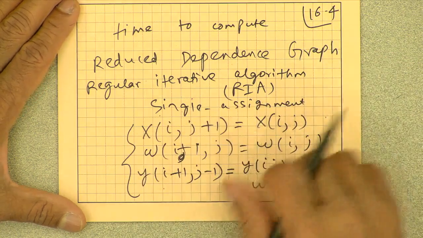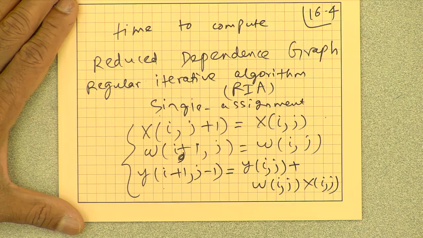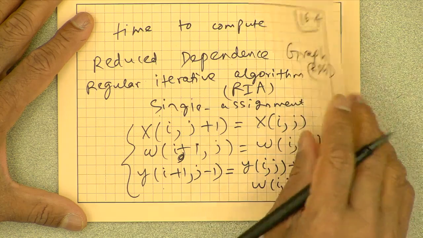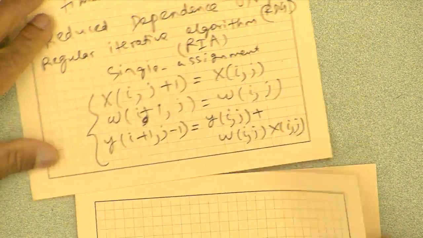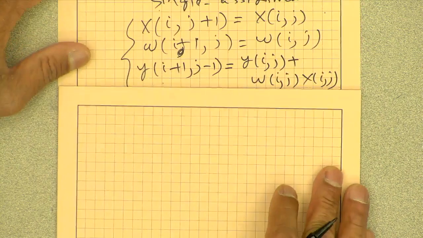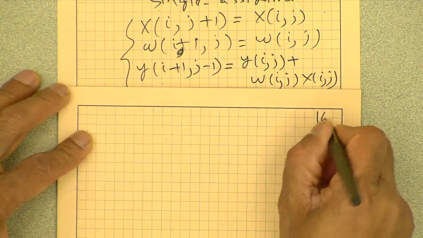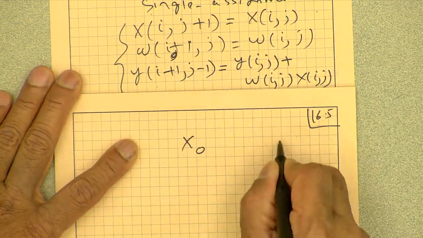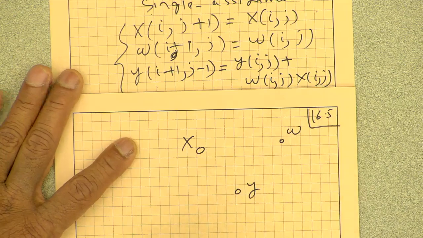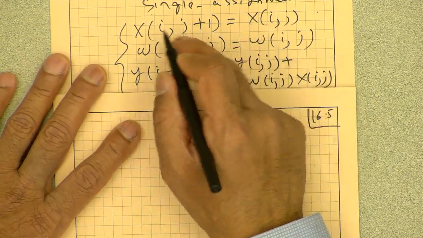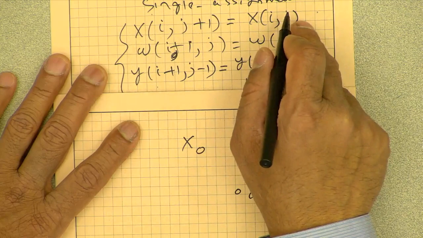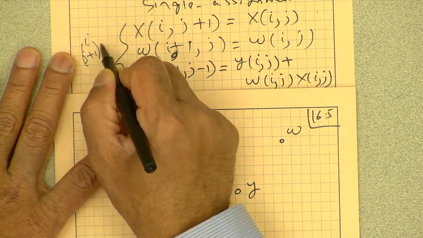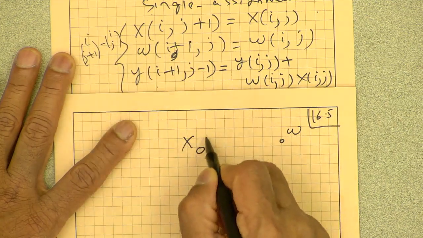And that list of statements can now be described by a reduced dependence graph, or RDG, and that means that these equations can be mapped to a reduced dependence graph. Okay, so what does this say? This says if I have three variables here, x, w and y, and I take the displacement vector i j plus 1 minus i j, that is 0 1.